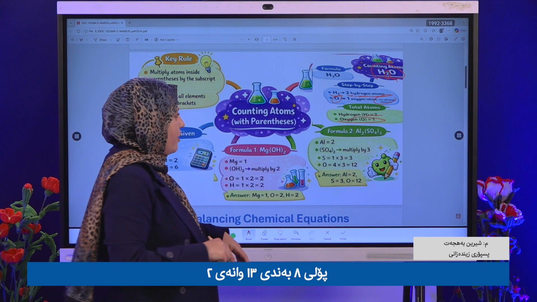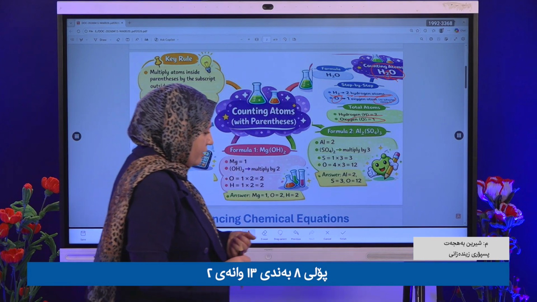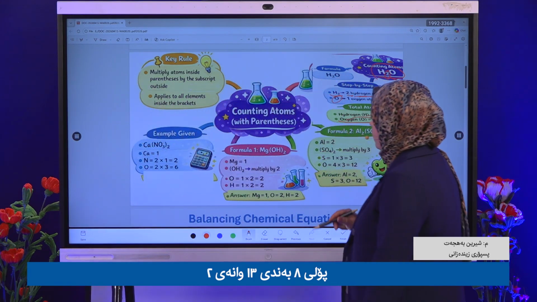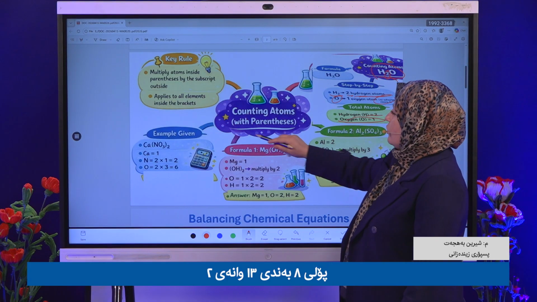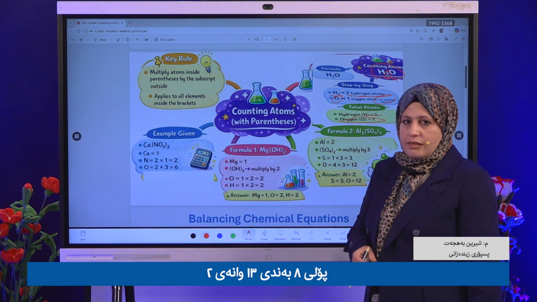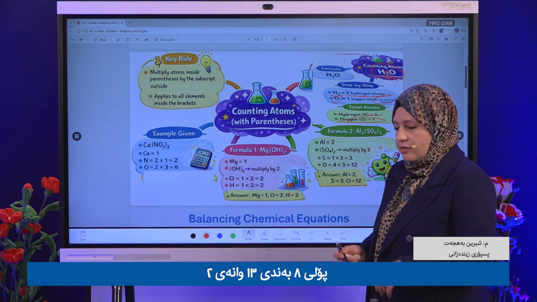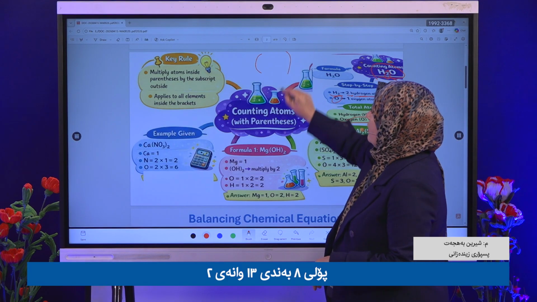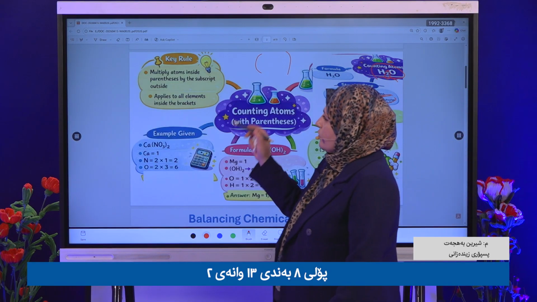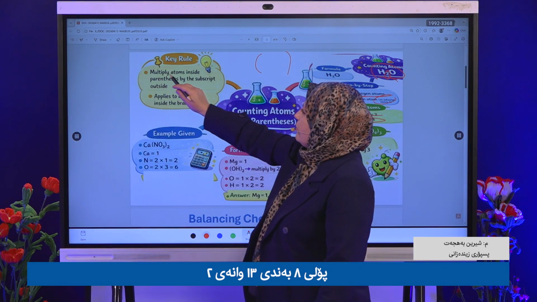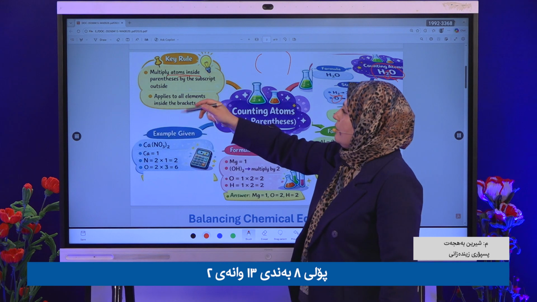It's easy. Clear? But what if there is a bracket in your formula, or you can say counting atoms with parentheses? Parentheses, or brackets, like this one. For example, what does the parenthesis do? It multiplies atoms. How do we count it?